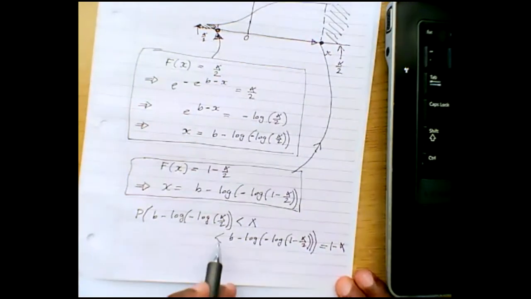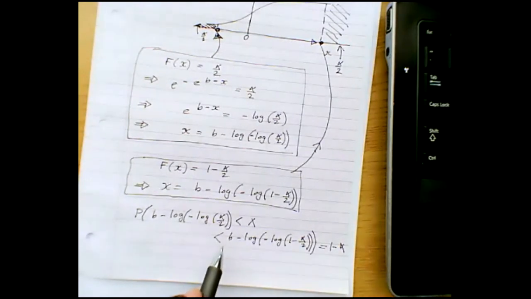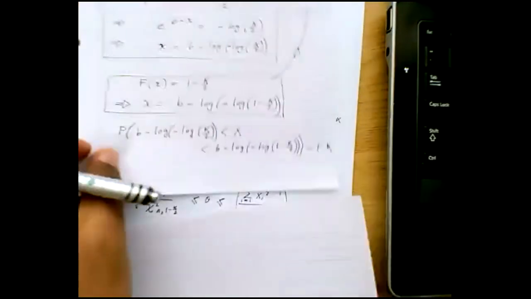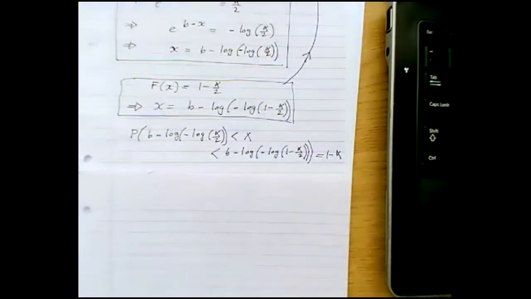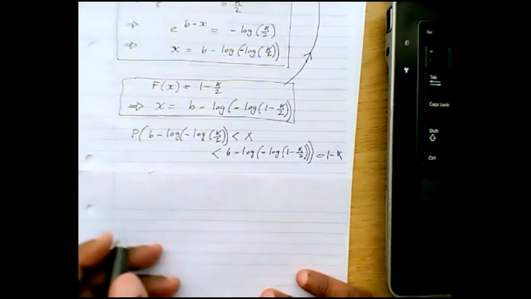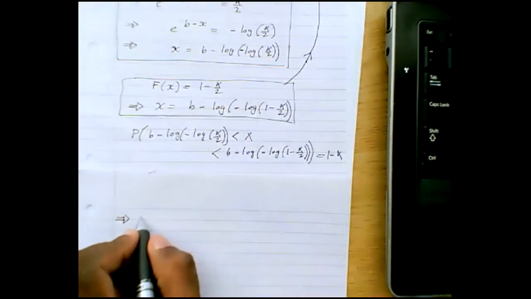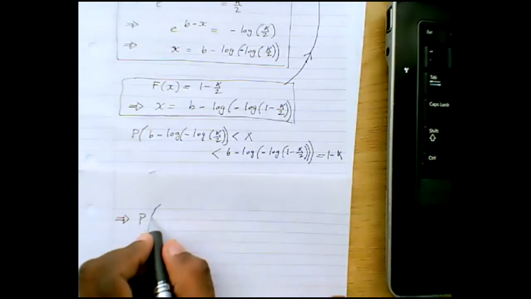Okay, now you need to rearrange this as a statement on B, right? Because that's what we are looking for. Now, if you do that, I will do it quickly because once again I don't have the time. So if you do this as a statement on B, this is what you will get.